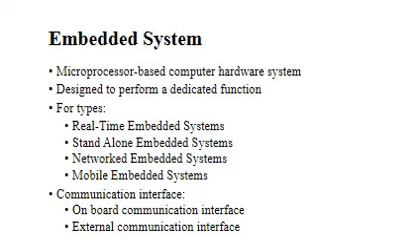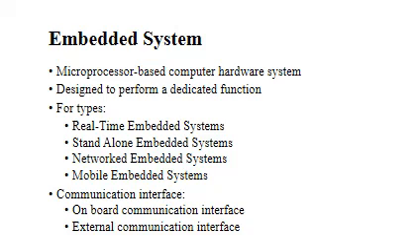Now, the external communication interface. These are embedded systems which may be a part of a larger distributed system, and they require interaction and data transfer between various devices and submodules. The product level communication interface is responsible for data transfer between the embedded system and other devices or modules.